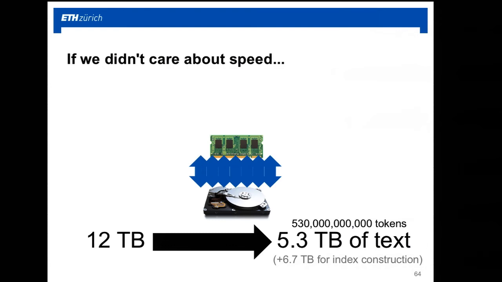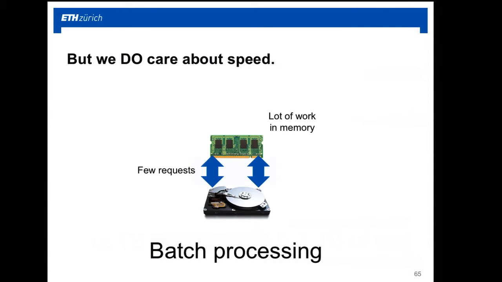That's much better, right? But now the problem is, if we actually use the disk instead of the memory in order to index this many terabytes of documents, this is going to be extremely slow because we are constantly reading and writing to the disk. This is not practicable. This takes too much time.